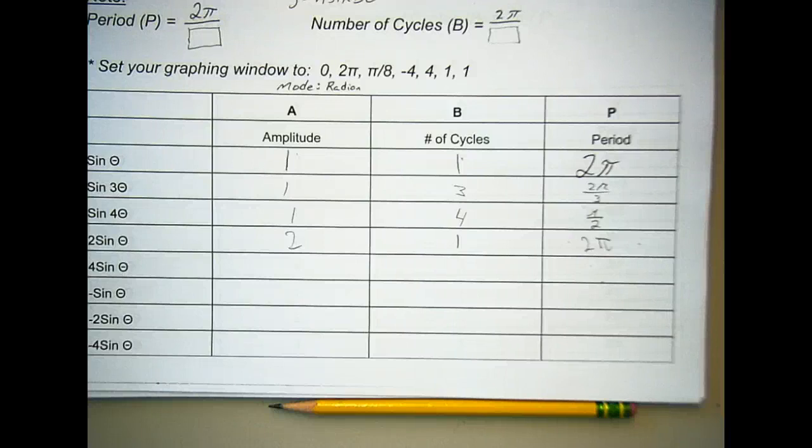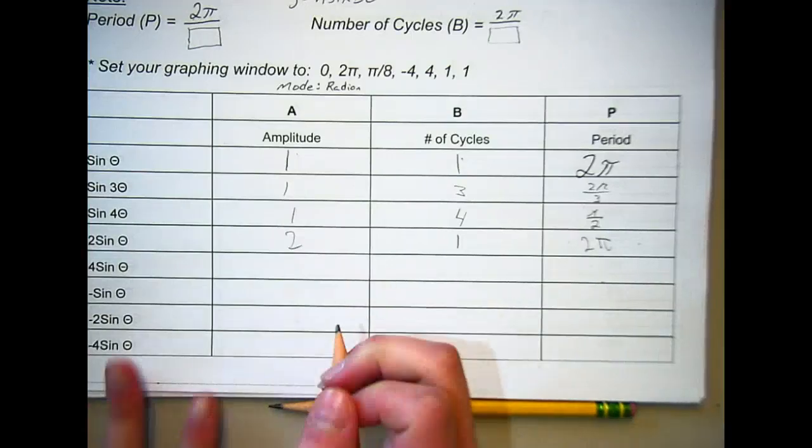Oh, the amplitude is the absolute value of it. Yeah, because you can't have negatives. I think I filled out the graph completely. Period. How do we figure out the period? Fill it out for the bus.